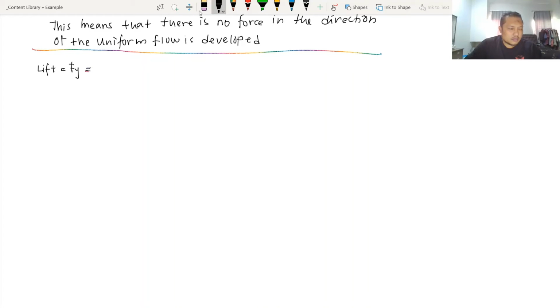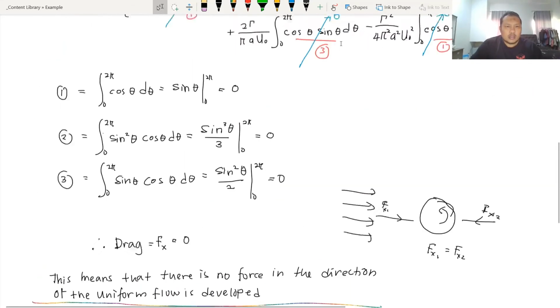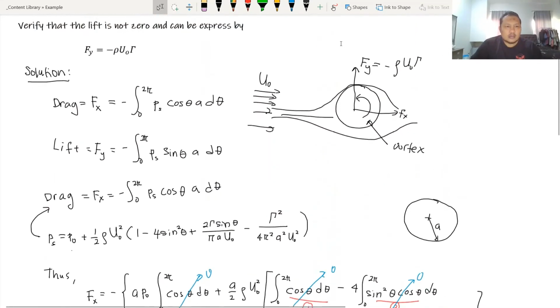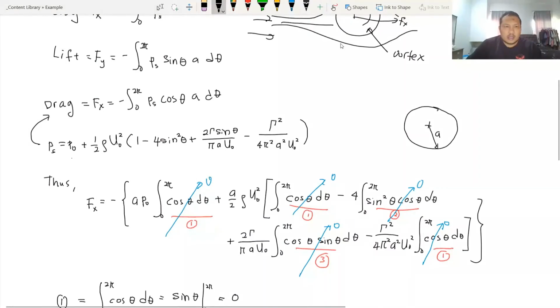Now we solve this second part, which is F1, which is equal to minus the integral from 0 to 2 pi of ps sin theta a d theta. As we know what the ps is here, this is the ps.